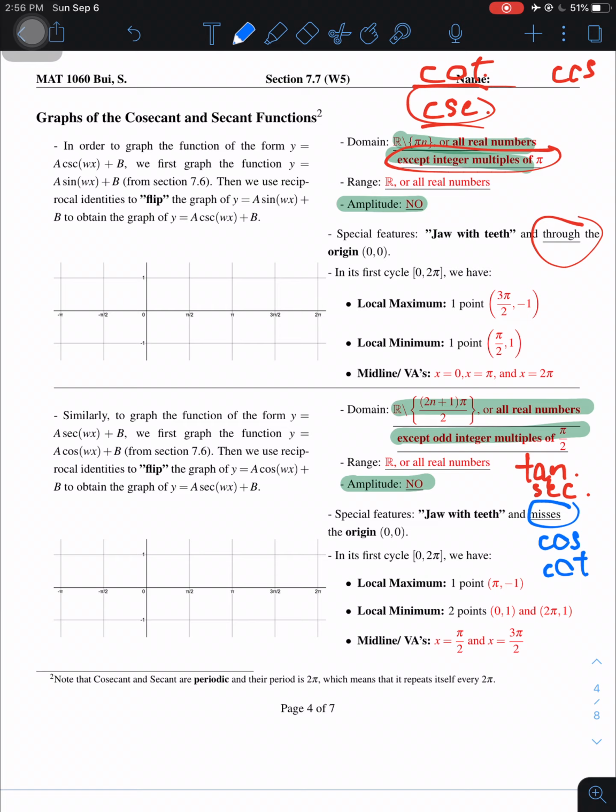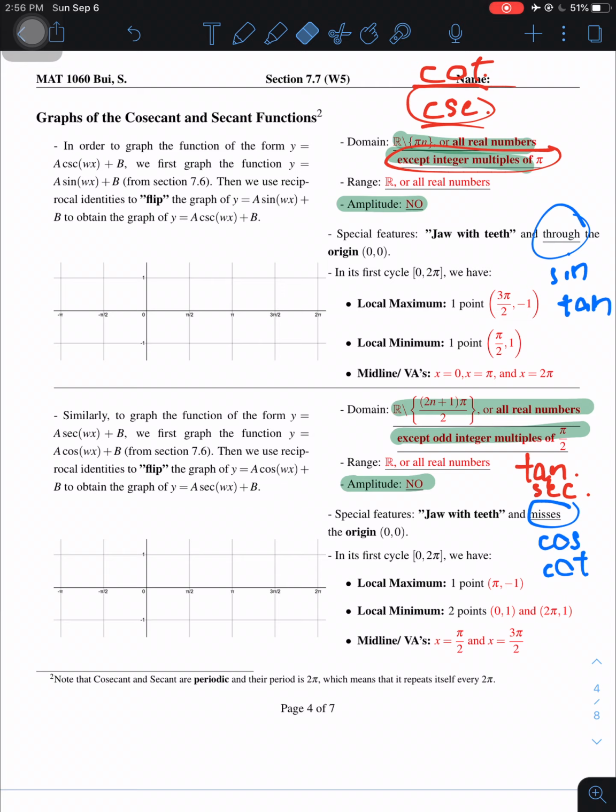And if you have something through the origin, it must be something about sine or tangent, right? So watch out that the red and the blue, they have similar domain, but yet they have different features in here, okay? So watch out for them. Make sure you can tell the difference between all the 6 functions in here, okay?